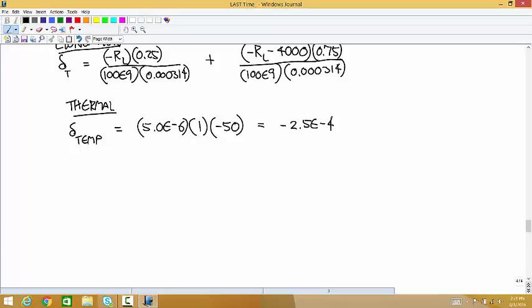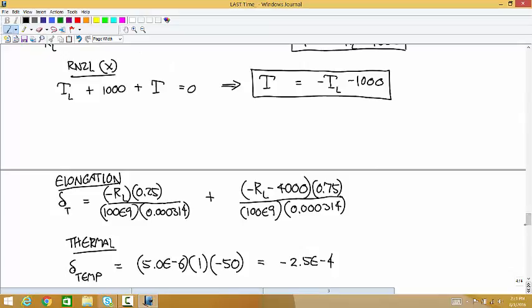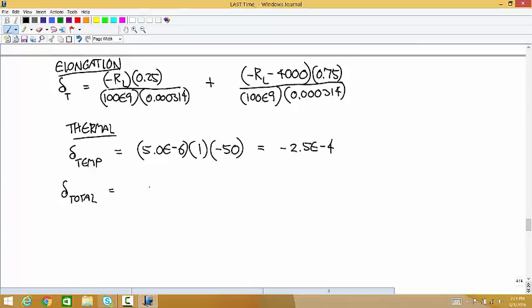And now we'll put them all together. So the total elongation is equal to negative 0.25 RL over, if you put these all together, you get pi times 10 to the 7th, minus 0.75 times RL plus 4,000.